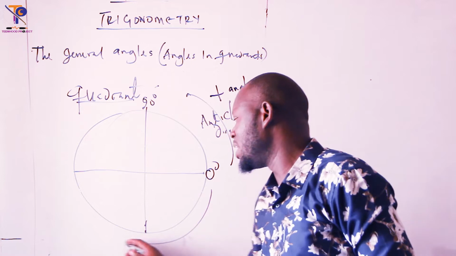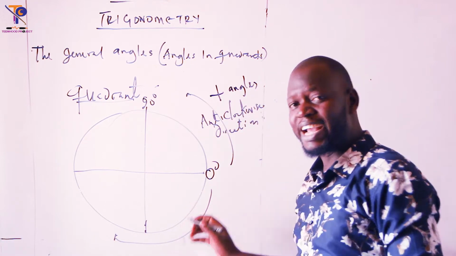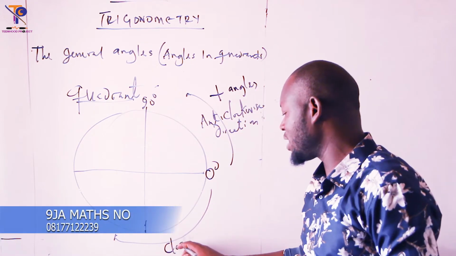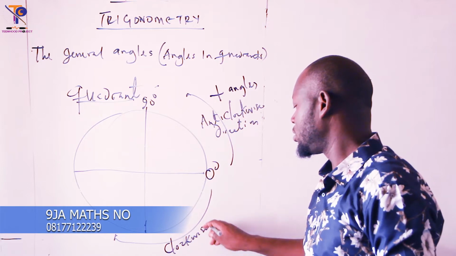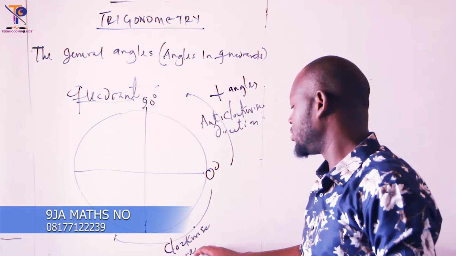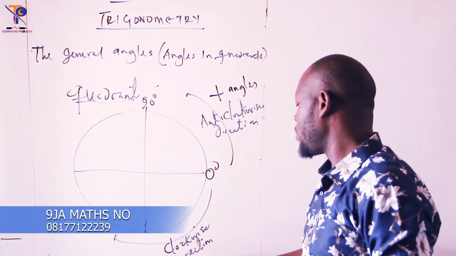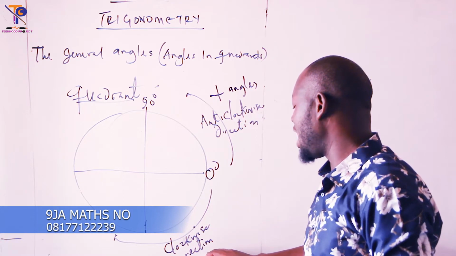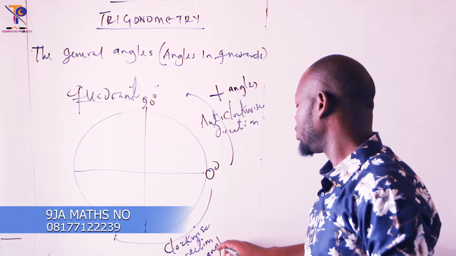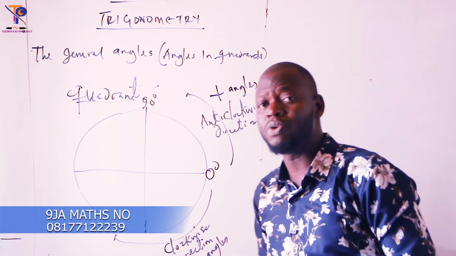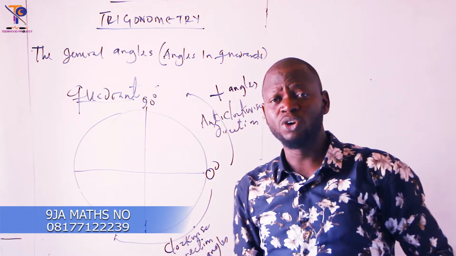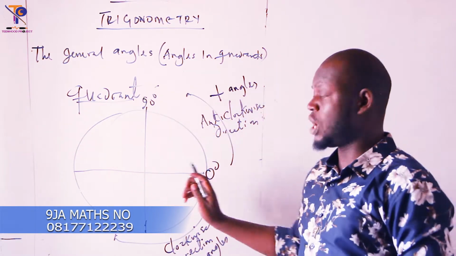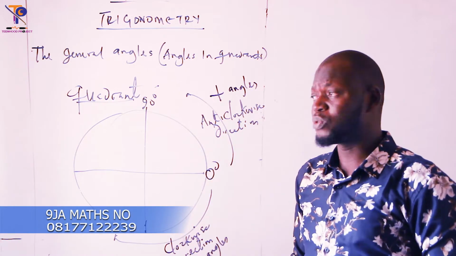And for this movement, going clockwise, we are going to be working on negative angles. What do I mean? If you have minus 300, you are not going this direction, you are coming this direction. That is what I'm trying to say.